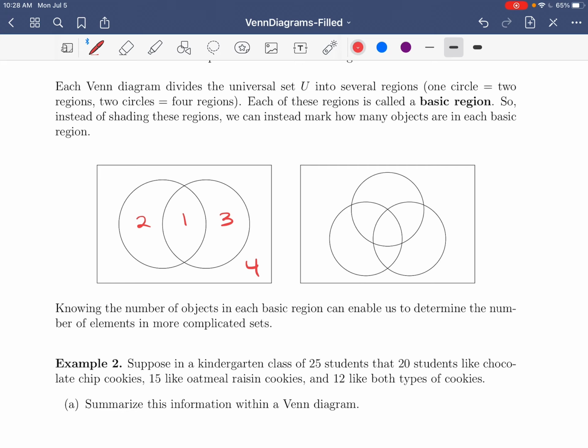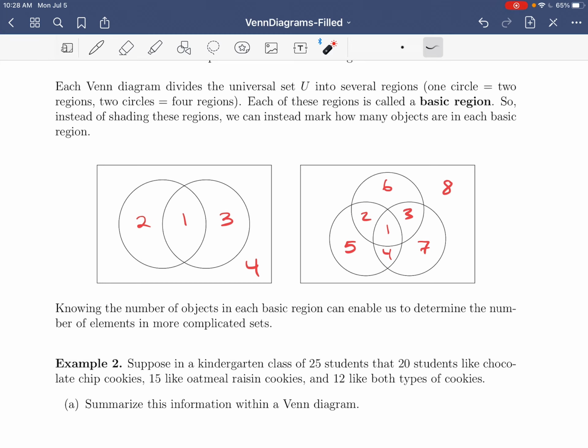And for the 3-circle one, I get 1, 2, 3, 4, 5, 6, 7, and 8 regions. When you have 1 circle, you just get 2 regions. 2 circles, you get 4 regions. 3 circles, 8 regions. It's always 2 to the power of the number of circles, which we'll find out when we get into counting a bit more.